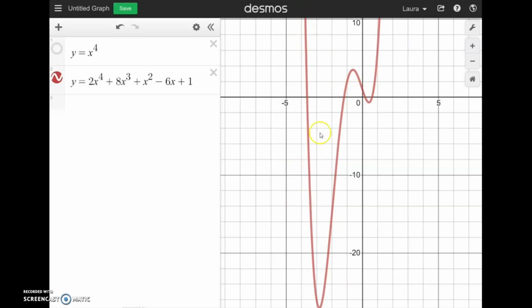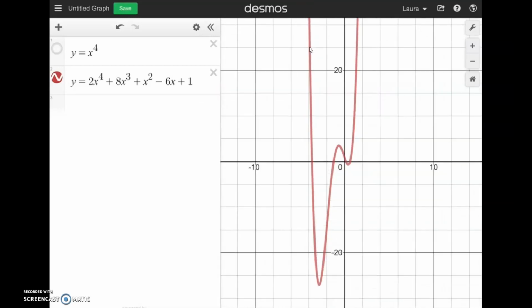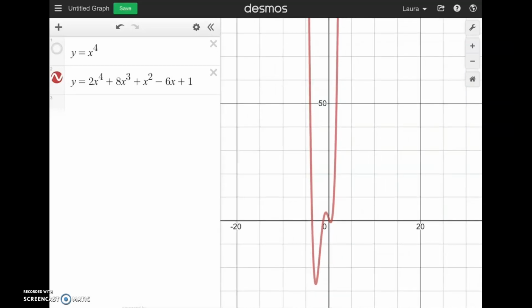With a quartic function, your end behavior as x gets larger and larger on the x-axis, you're always going either up, both ends are going up to positive infinity, or both ends are going to go down to negative infinity. So this was the most basic type here.